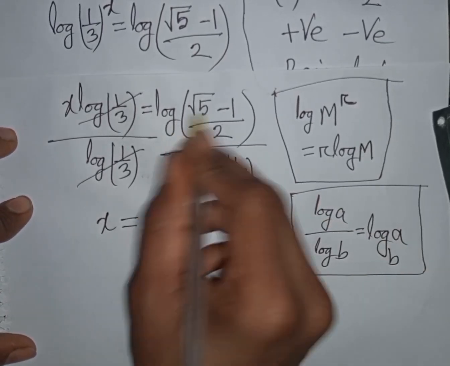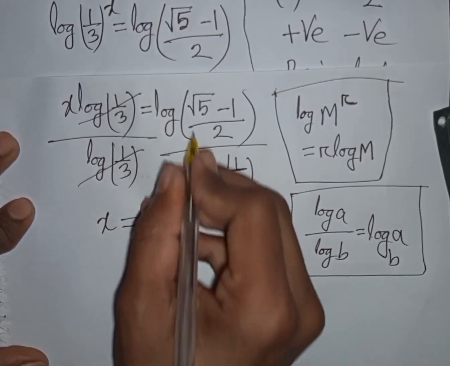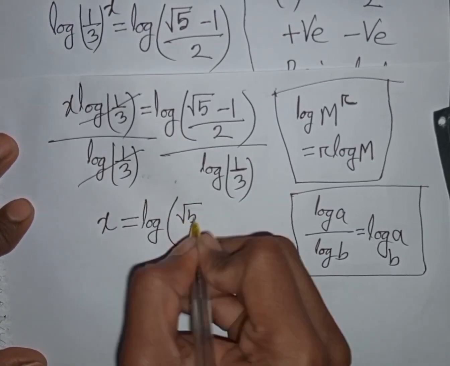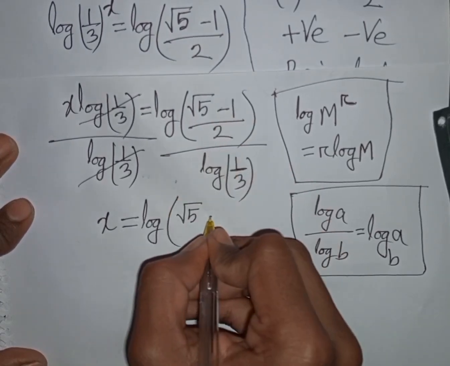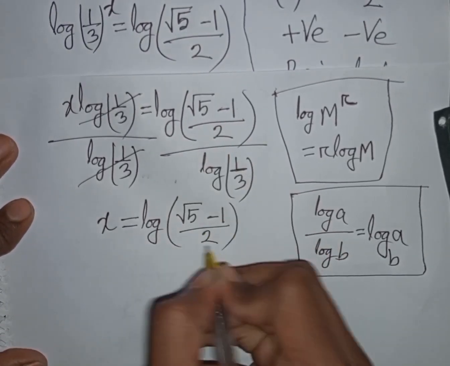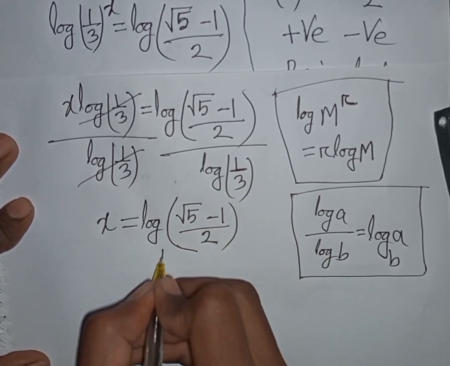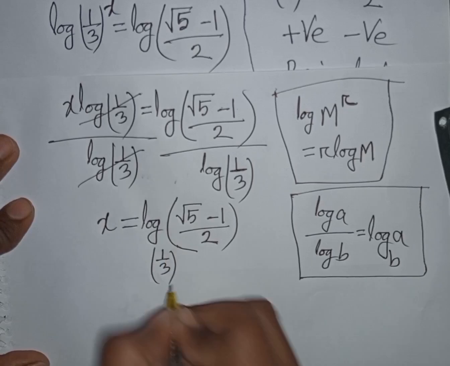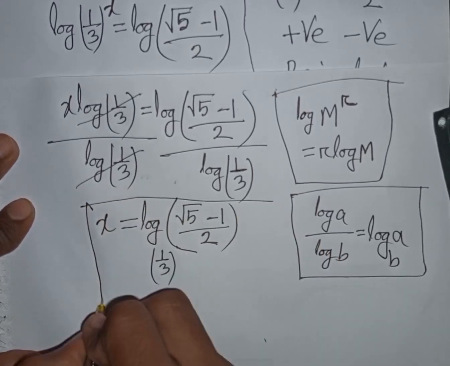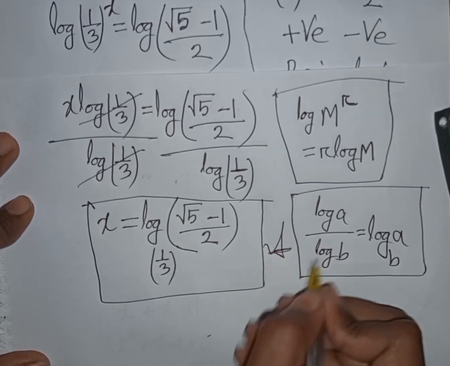So according to this formula, x = log of (sqrt(5) - 1)/2 with base 1/3. So this is the value of x. This is our final answer.